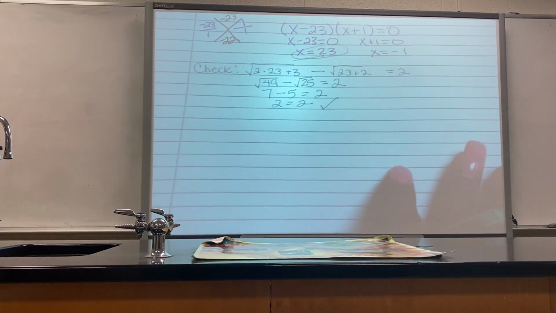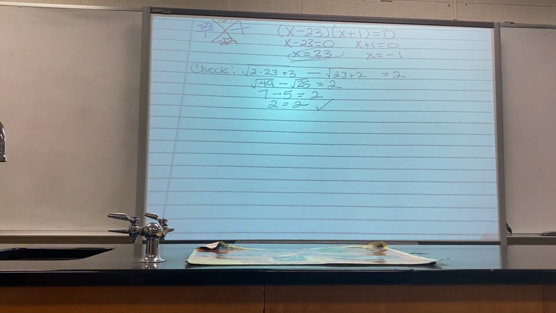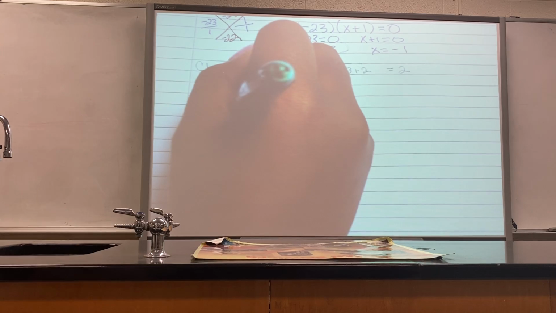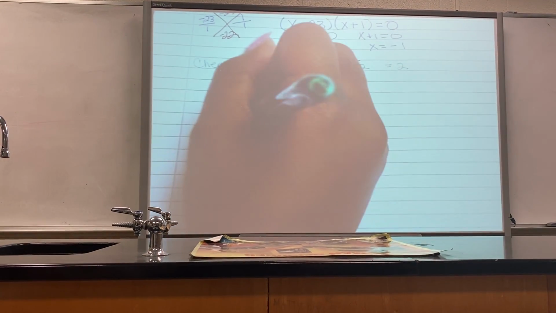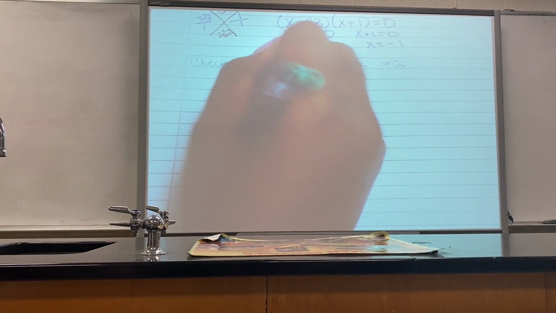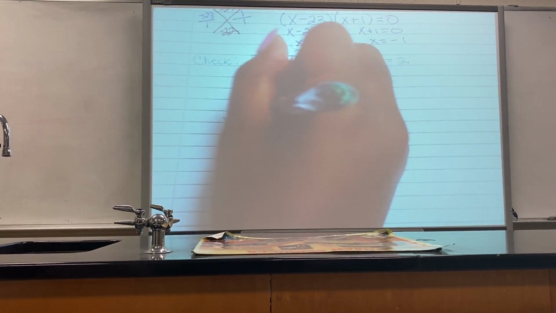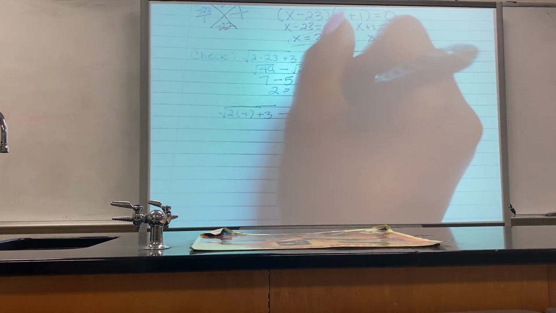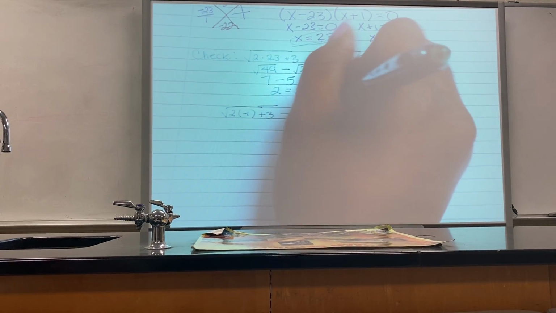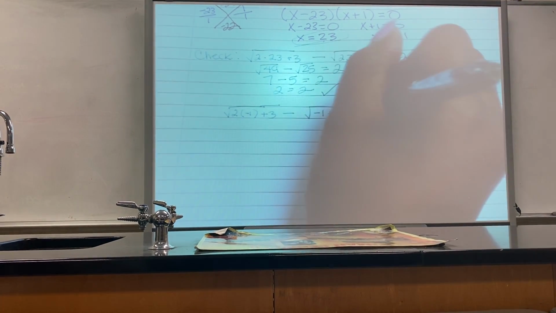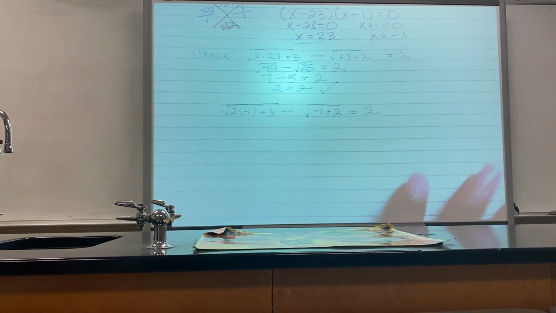Okay. Now I'm checking with the negative 1. I have the square root of 2 times negative 1 plus 3 minus the square root of negative 1 plus 2. And again, that should still give me 2.